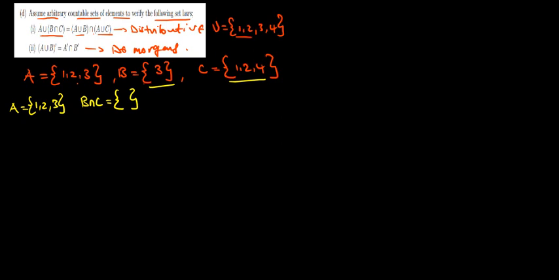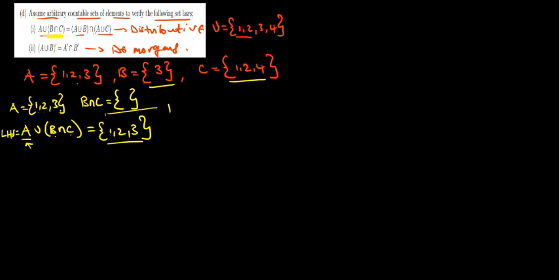Now we find A union the B intersection C. A is 1, 2, 3 and B intersection C is an empty set. The union of A with an empty set is just the same set, A, so 1, 2, 3. This is what I have on my left hand side.